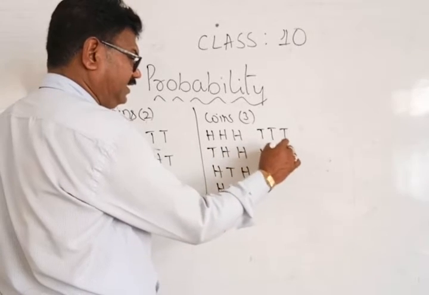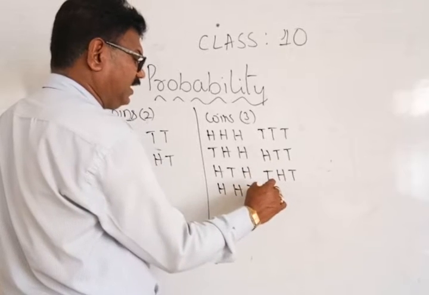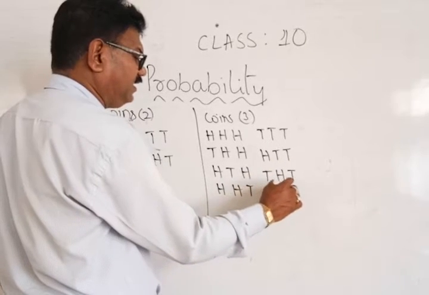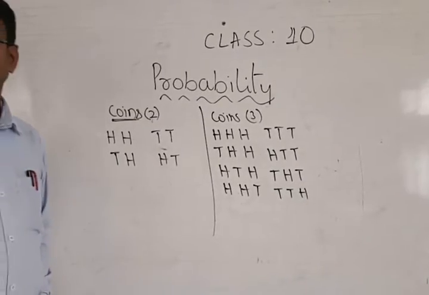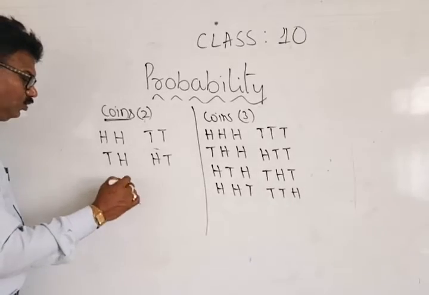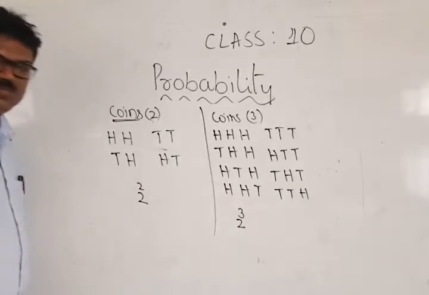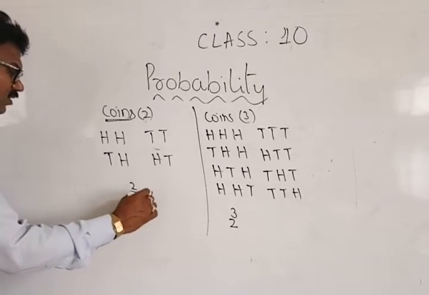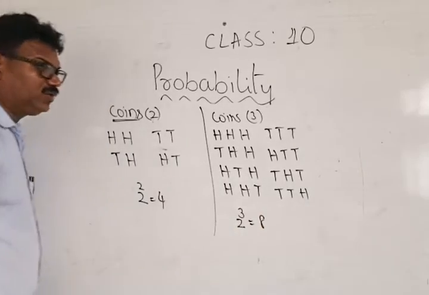H, T, T. T, H, T. And here also T, T, H. Therefore, how many outcomes? Here 2 square, here 2 cube. 2 square means 4 outcomes and 2 cube equal to 8 outcomes.